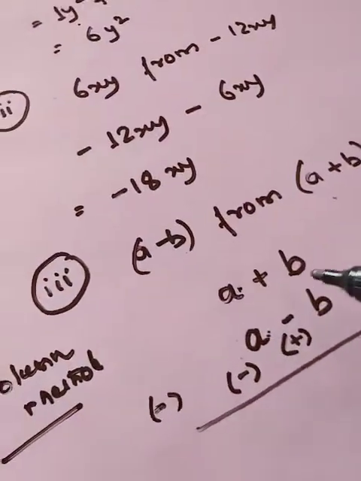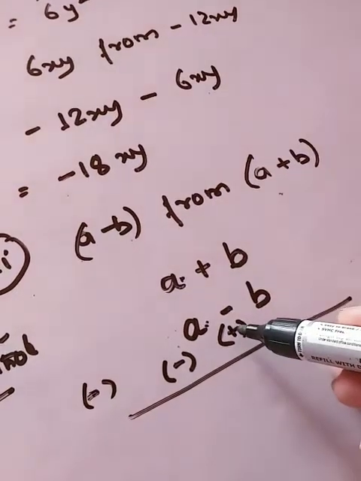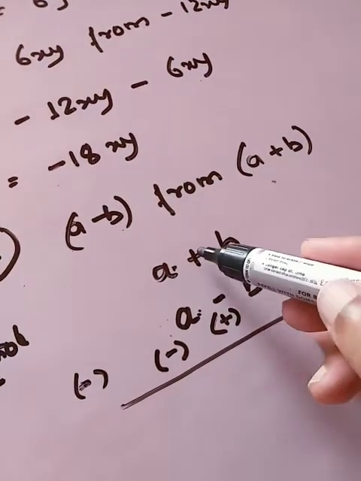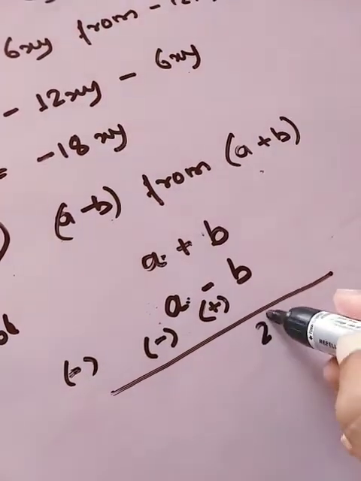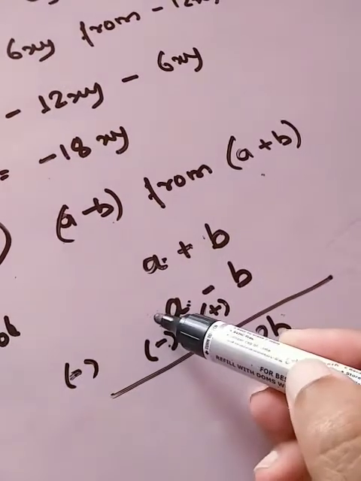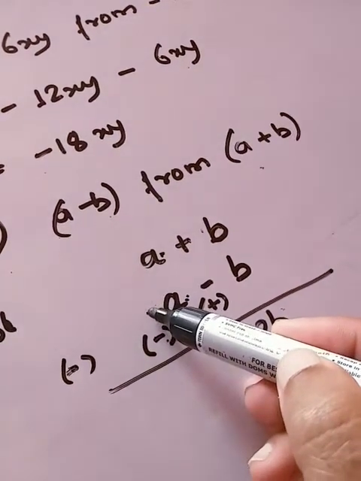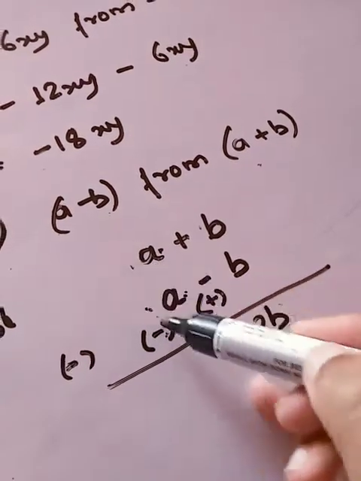Okay, now as because this minus sign is now plus sign, now what we'll do? Plus plus is what? Plus. So 1 plus 1, 2b, you will give plus sign. Now this is minus, now this sign is no more existing. Okay, now plus sign has turned out to minus sign. Now plus minus is what?